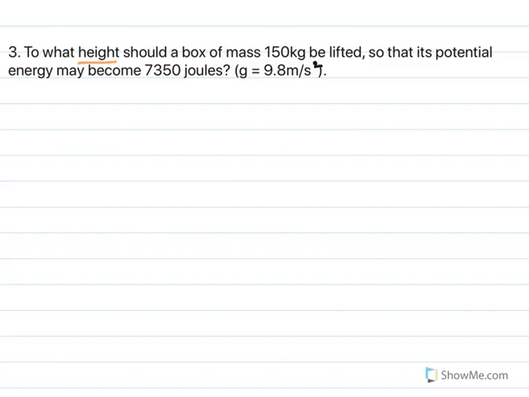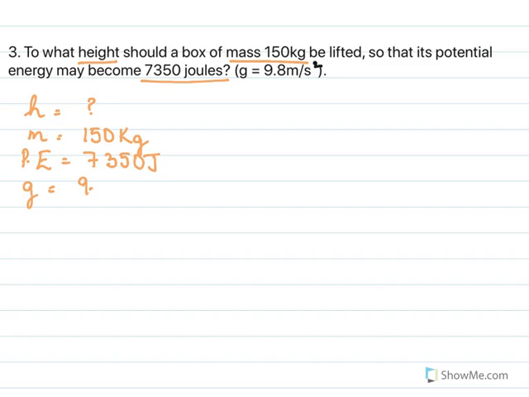To what height should a box of mass 150 kg be lifted so that the potential energy becomes 7,350 joule? So height we need to find, mass is 150 kg. g is given as 9.8 meter per second square.